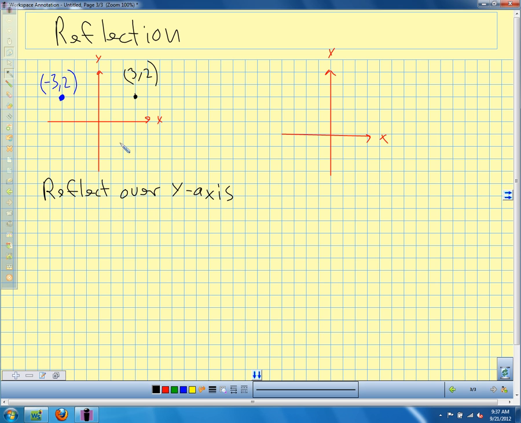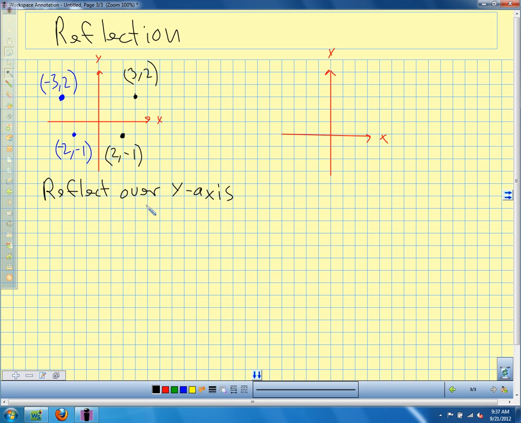So let's look at another reflection. So this is at 2, -1. So let's reflect that point. And this point is -2, -1. So what is happening to the x coordinates here? They're turning negative. Perfect.